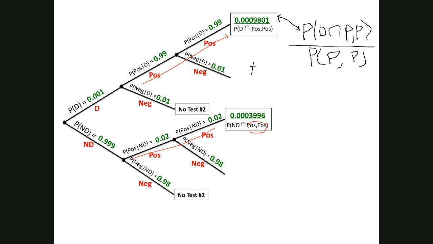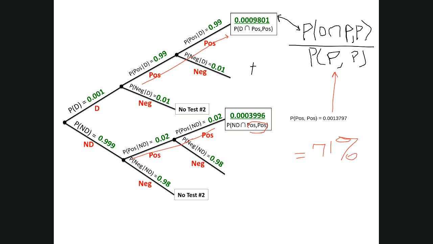And so that value then is the denominator. So when we do this calculation, we divide 0.009801 by 0.0137797. What we learn is this value equals 71%.